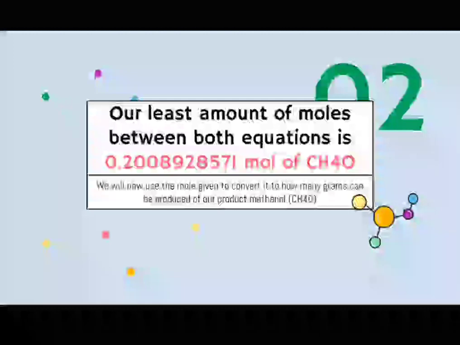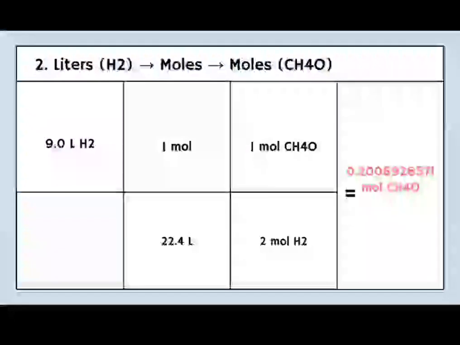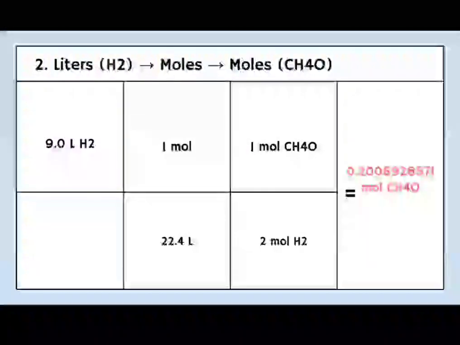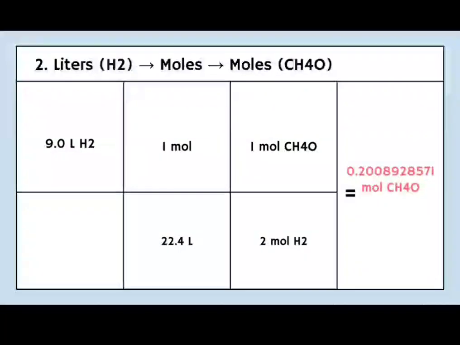But for liters specifically, we use 22.4 liters to convert liters to moles, in this case, or grams, or a different kind of unit. So we divide 9.0 liters of hydrogen gas by 22.4 liters of hydrogen gas.